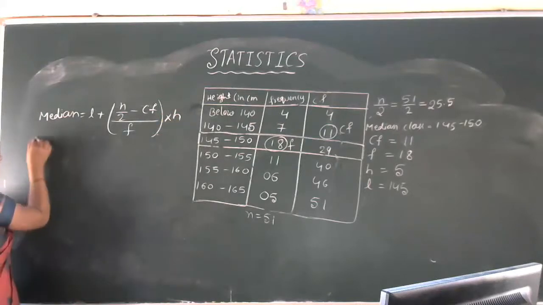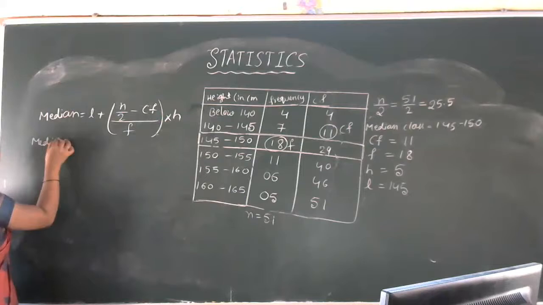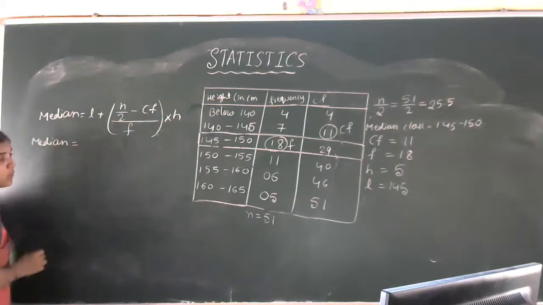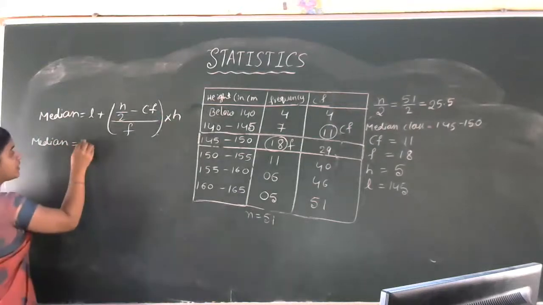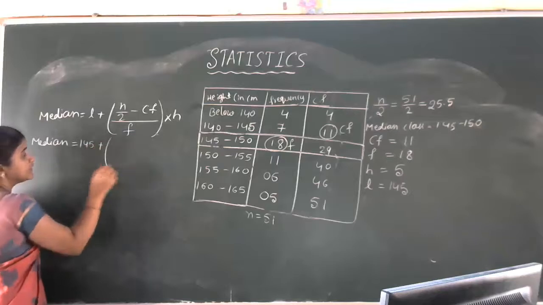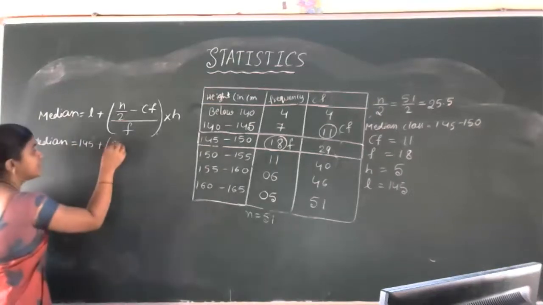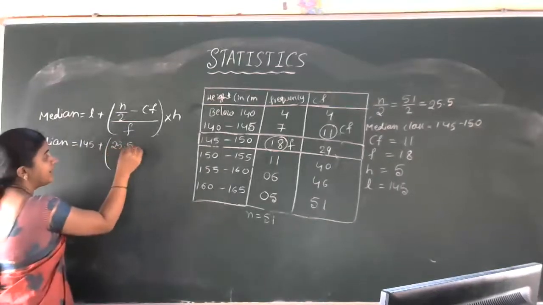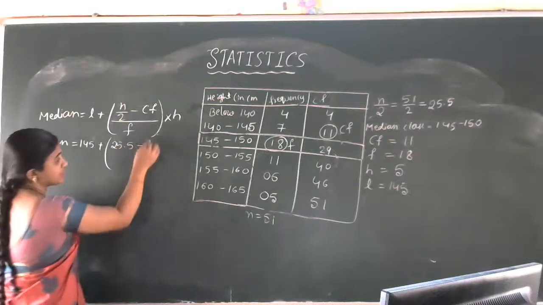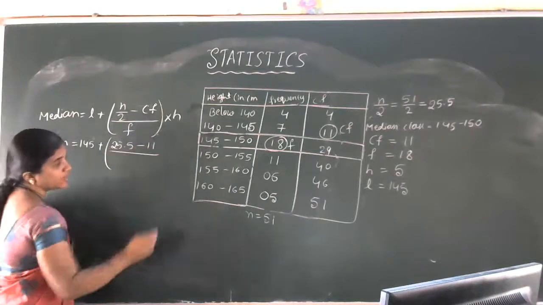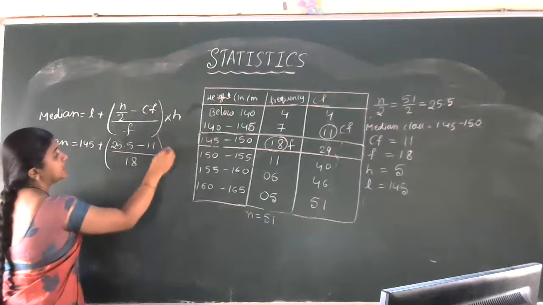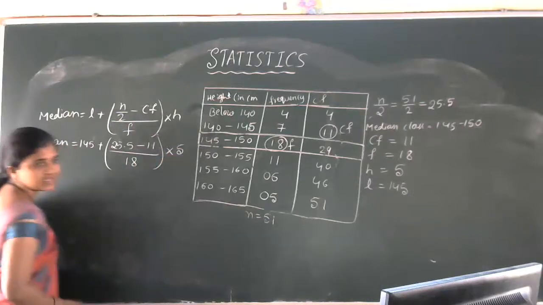Now substitute the values. L is 145, plus N by 2 is 25.5, minus CF is 11, divided by F is 18, into H is 5. Is that clear?